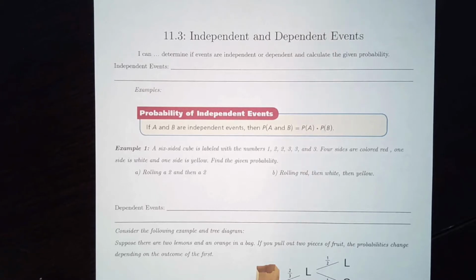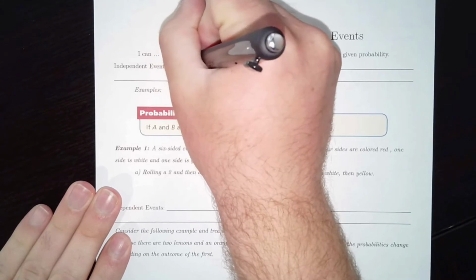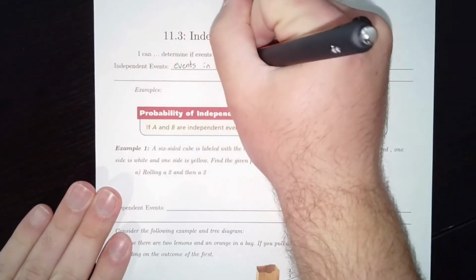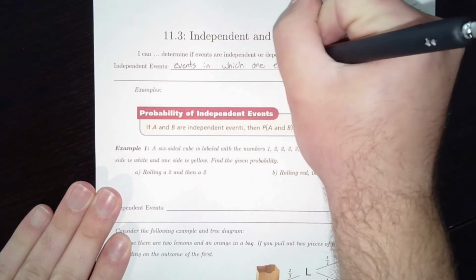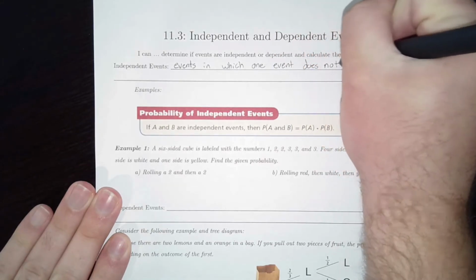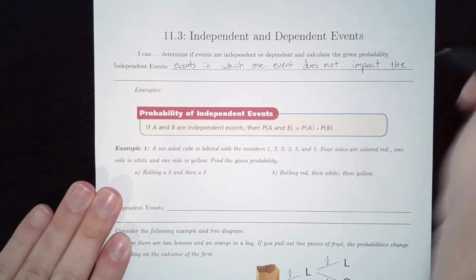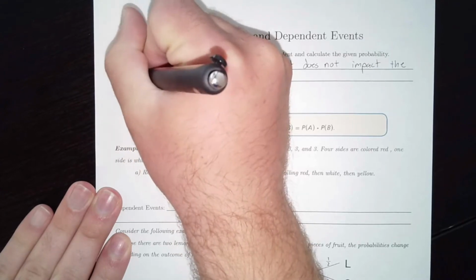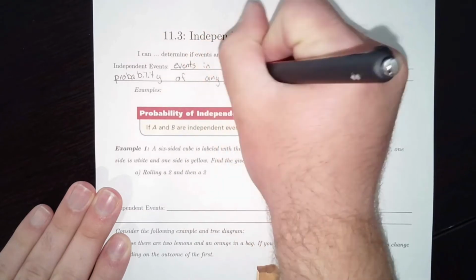The first type we're going to talk about is independent events. Independent events are going to be some sort of events, so multiple, could be two, could be more, in which one event does not impact the probability of any other event.